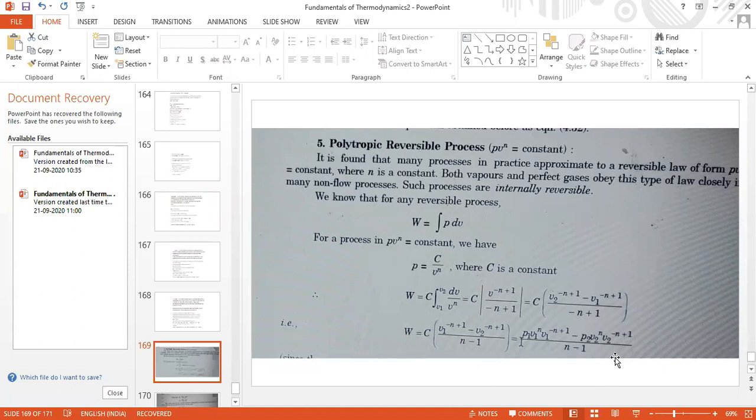Here, as I told you, integral x^n dx is equal to x^(n+1) by n+1. So there, instead of x, volume is there. Instead of n, minus n is there. So while writing this type of equations, or some mathematical equations, you write down the basic formula in the rough, in the notebook.